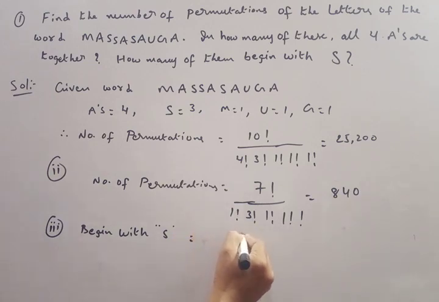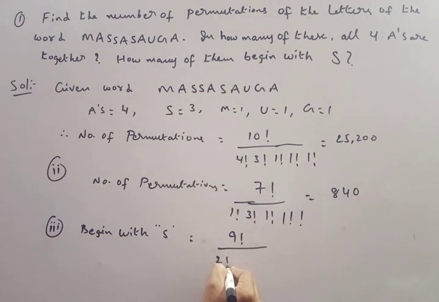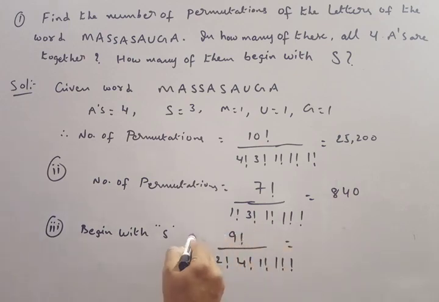So S is gone, so remaining 9 letters, 9 factorial. In that how many repetitions are there? 2 S's, 4 A's, 1 M, 1 U, 1 G. Understand? So this is the number of permutations beginning with S.